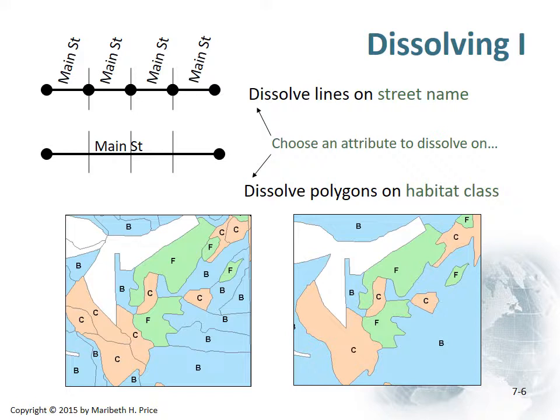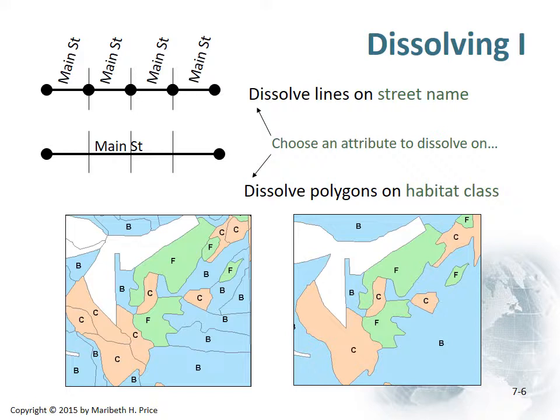So what dissolve does is it just gets rid of those boundaries, and we wind up not necessarily simplifying it so much as we are acknowledging that yes, these are the same class in these different polygon areas, and we want to treat them as a single polygon entity. So we just dissolve the boundaries in between, and we wind up with the same amount of area in each habitat class, but a smaller number of polygons describing each of those habitat classes across space.